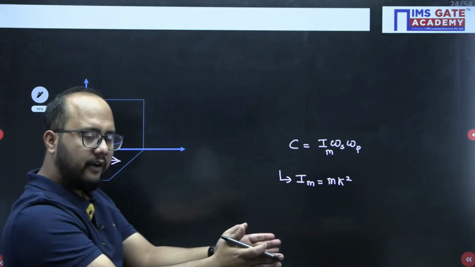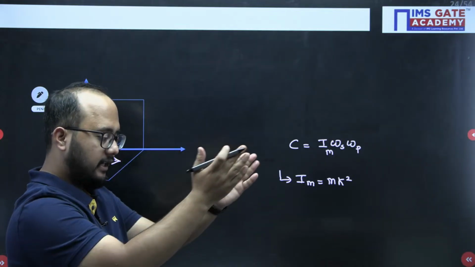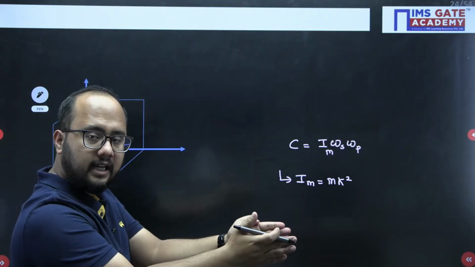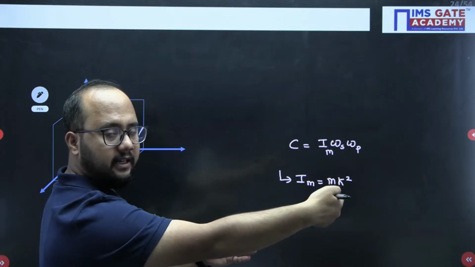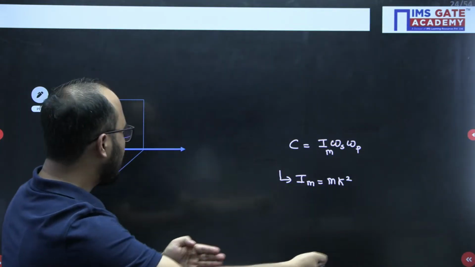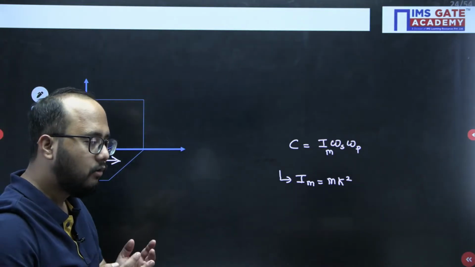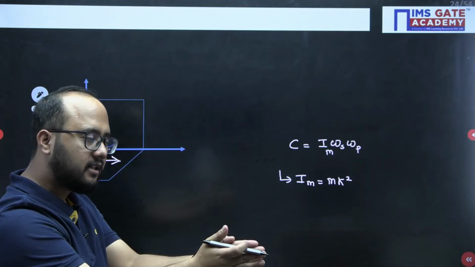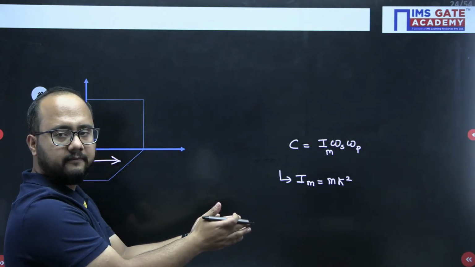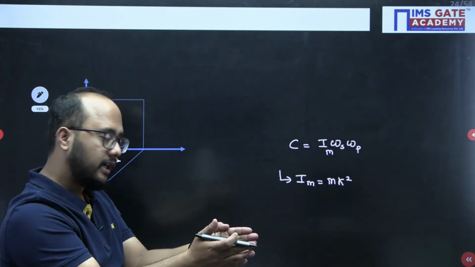Now this shaft, which is rotating anti-clockwise from the right hand side, is taking a turn in the left direction. It is rotating in the left direction.